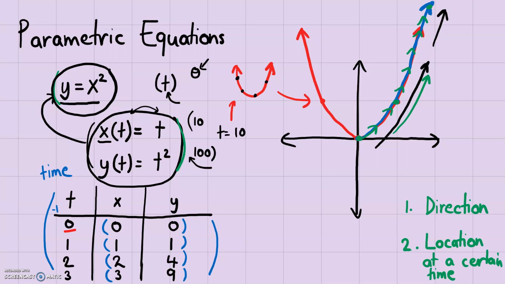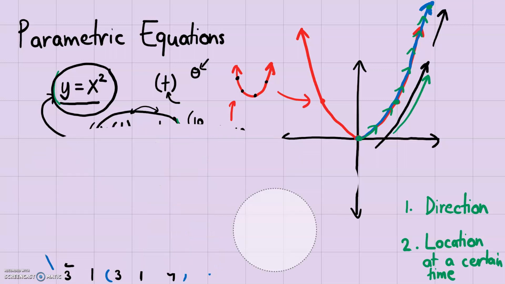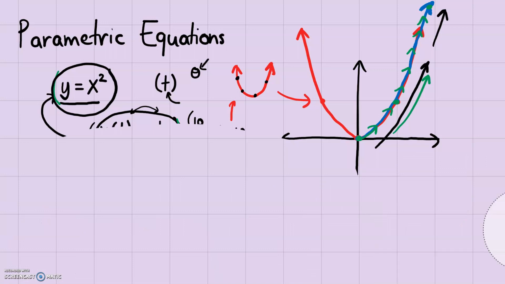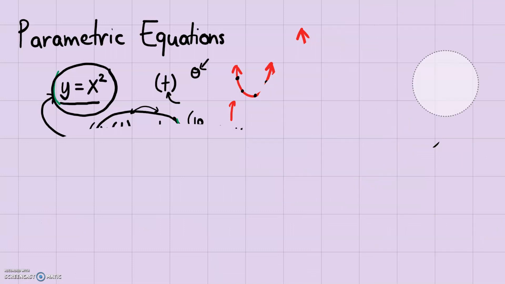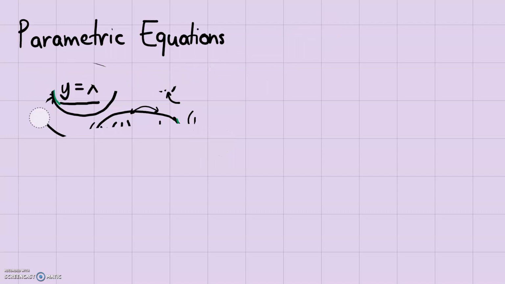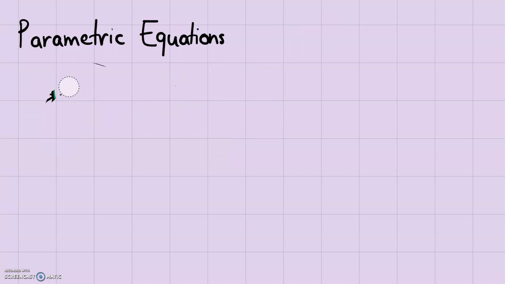So let's look at an example where we can use that in physics. So let's say that we have a person throwing a ball towards the air.